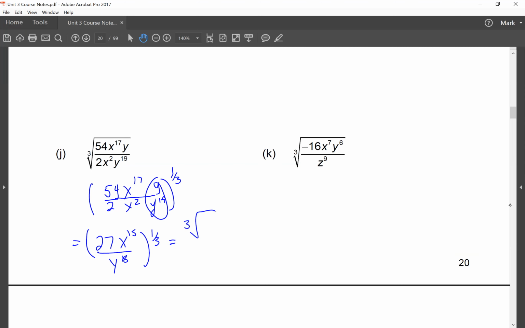I can take the cube root of the top one, and I can take the cube root of the bottom one. So what I end up getting is 3x5 over y, 18 divided by 3 is 6. And there we go, reduced.